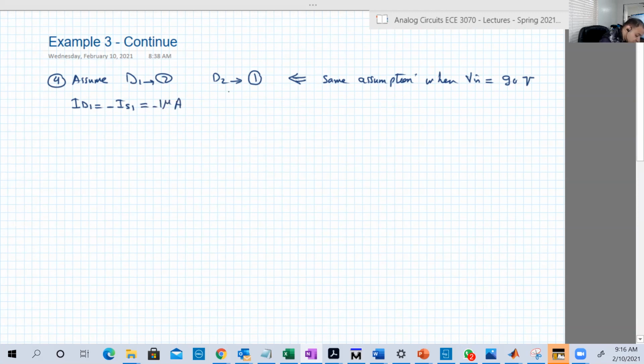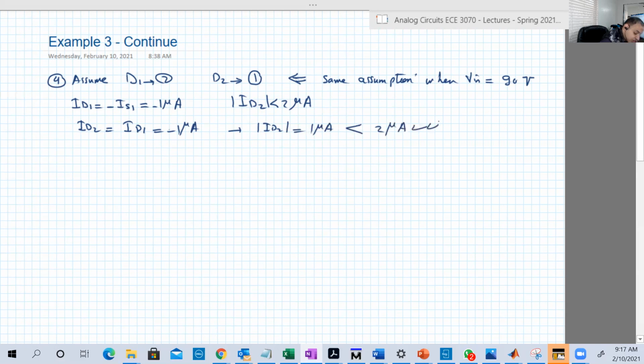And D2 in region 1, so ID2 is less than, as a magnitude, 2 microamperes. So far so good, because ID1 is equal to ID2. ID1 is minus 1 micro, so ID2 equal to minus 1 microampere, and its magnitude, 1 micro, is less than 2.